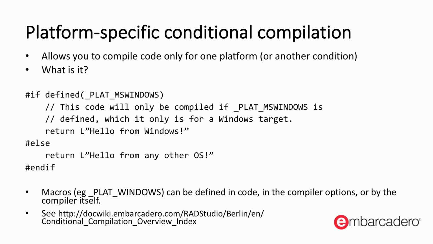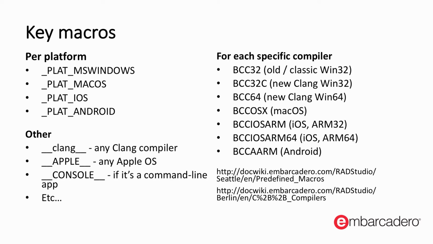Macros can be defined by you in code, or in the compiler options, or by the compiler automatically, as with the platform ones. There are a few key macros defined that are useful, one for each platform. They are __PLAT_ followed by the platform name, so __PLAT_MACOS or __PLAT_ANDROID. You can use these to compile code only for that specific platform.